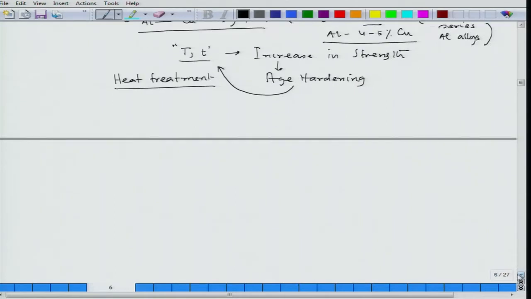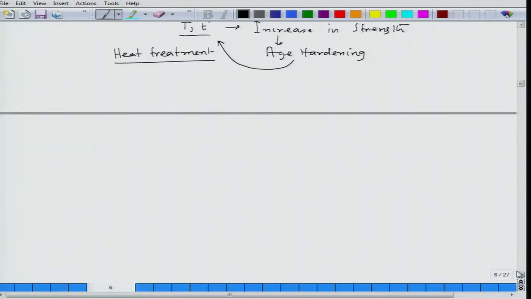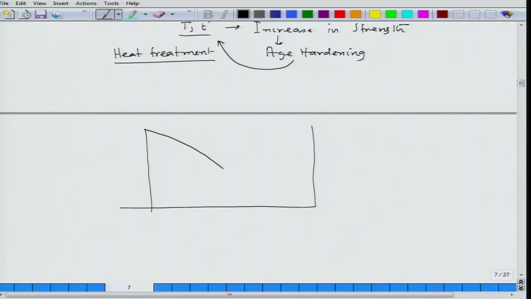Now, let us try to see a eutectic phase diagram. So, this is my eutectic phase diagram. This is liquid, this is alpha plus liquid, this is alpha, liquid plus beta, and this is beta, this is alpha plus beta.